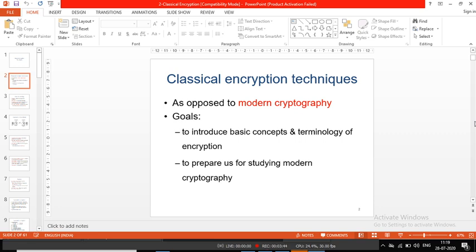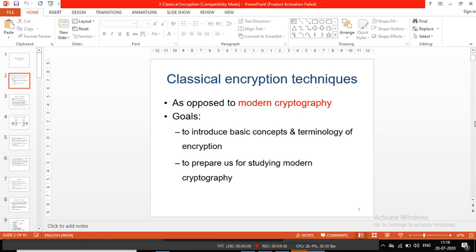First of all, what is meant by classical encryption techniques? It's just the opposite of modern cryptography. Nowadays the algorithms are somewhat more advanced compared to the previous ones, right? But now we are going to see some basic encryption techniques from the base. What are the techniques we used in the ancient days?